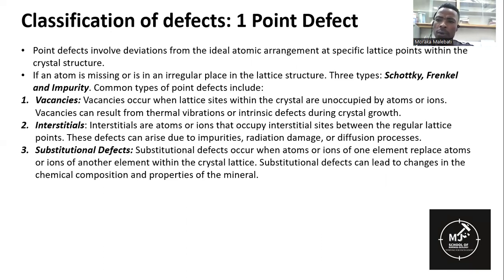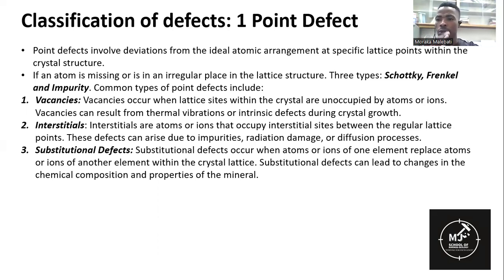If you don't want to say 0 dimension, you can say point defect. Point defects involve deviation from the ideal atomic arrangement at a specific lattice point. Because it's a point defect, you are caring about that particular point within the crystal structure, exactly that point.